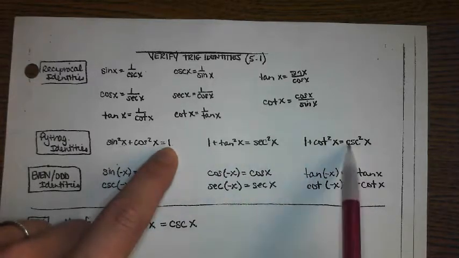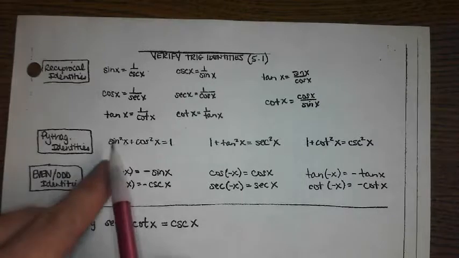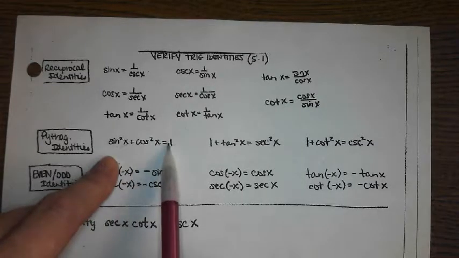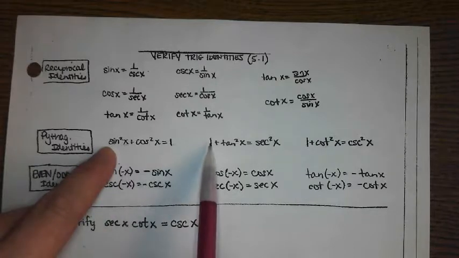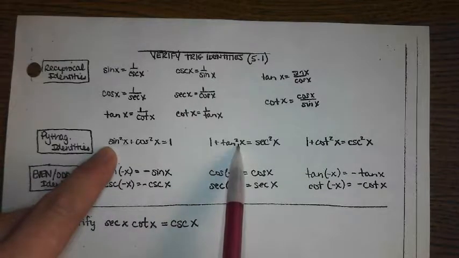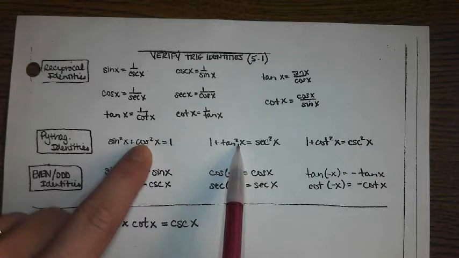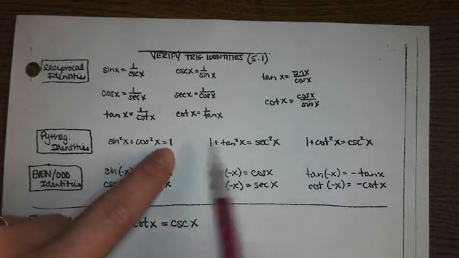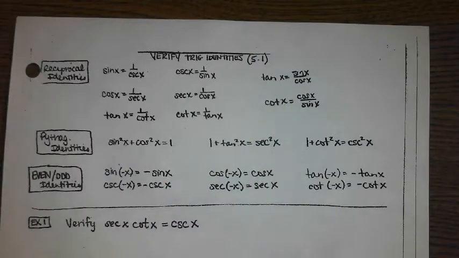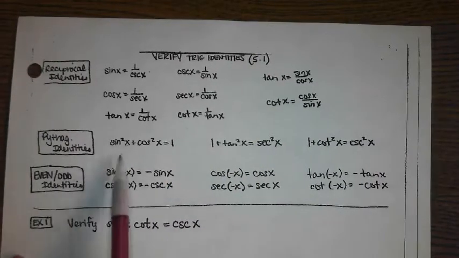So that'll get you to this one. And if you divide everything by cosine squared, it'll get you to this equation. Sine squared divided by cosine squared would be tangent squared. Cosine squared divided by cosine squared gives you your plus 1 equals, and 1 divided by cosine squared gets you your secant squared. So you can get all three of those if you just really remember this one.